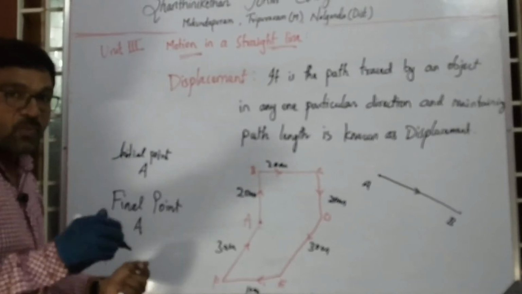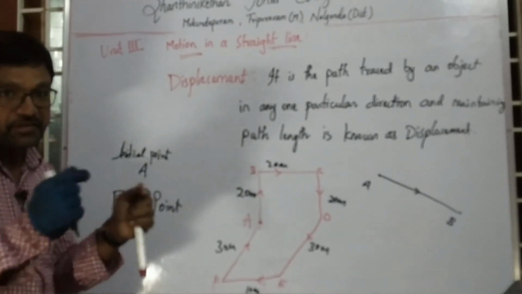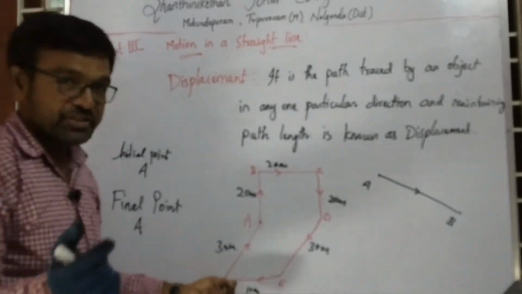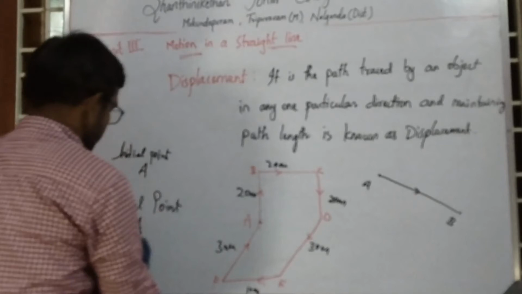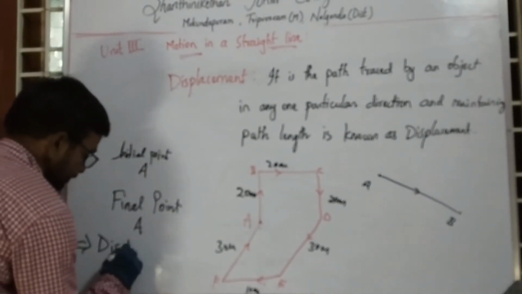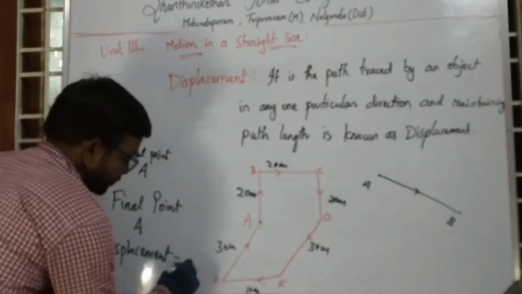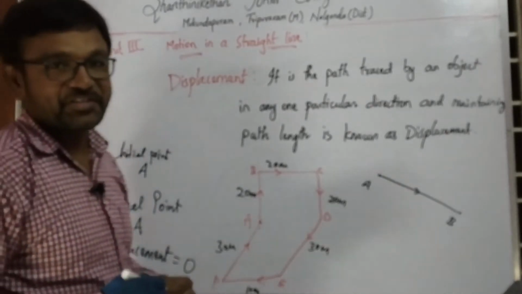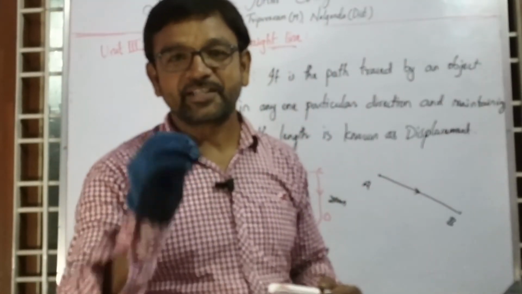At that time, what is the path between those A and A? 0 only, no? Okay, 0 only between those two. At that time, the displacement in this case is equal to 0. Did you understand how the displacement is 0? In few cases, the displacement is 0.